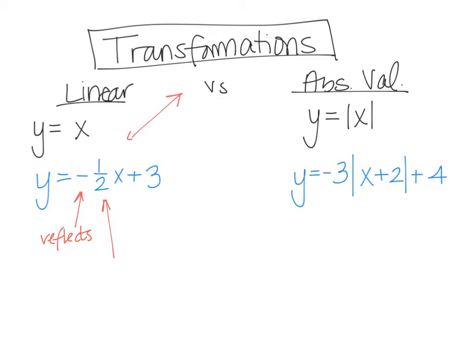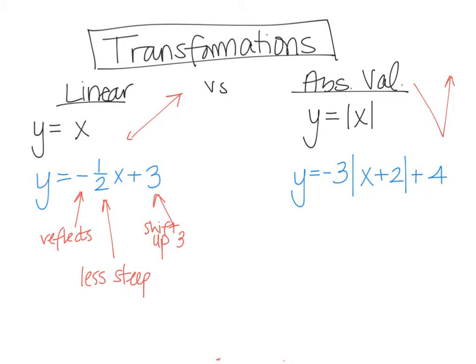The 1/2 is going to make it less steep, right? Because 1/2 is less than 1. And then the 3 was a shift up 3, right? Because it's going to start at a higher y-intercept.